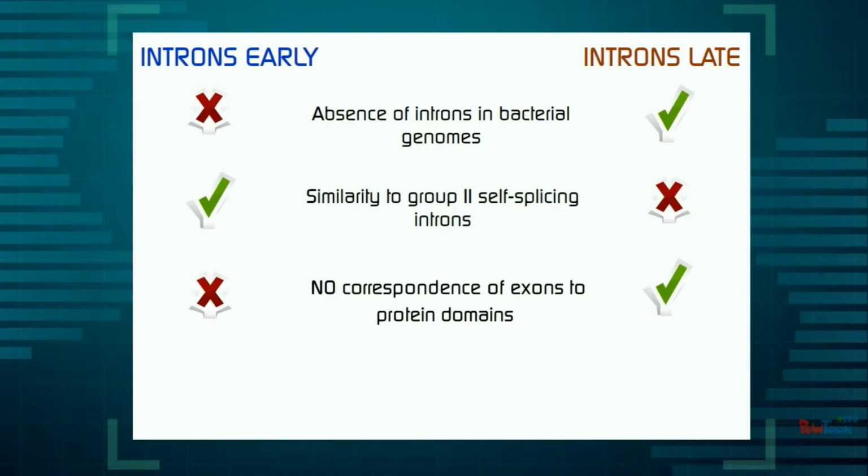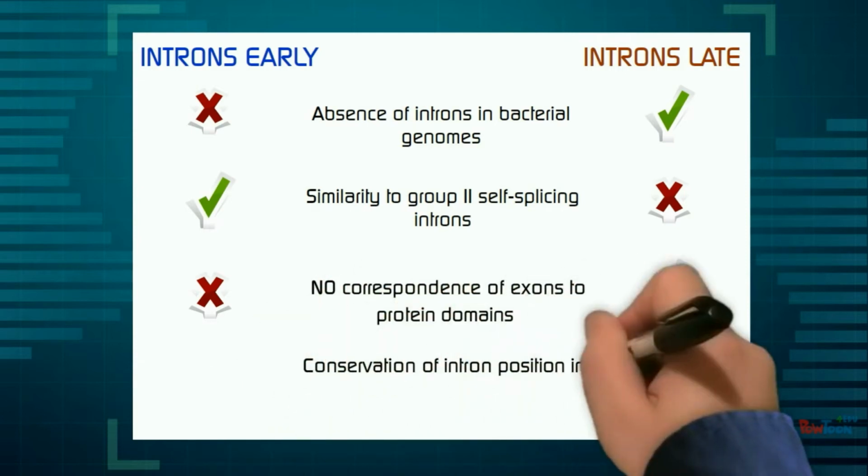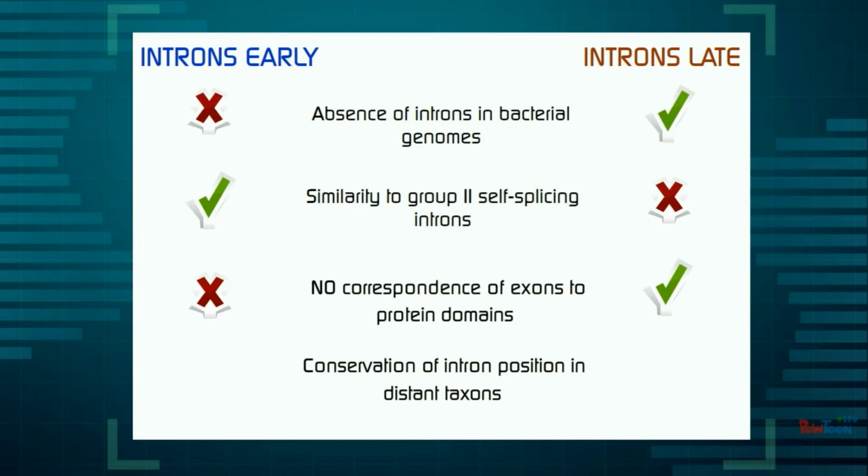But on the other hand, scientists have recently been able to analyze a wide variety of eukaryotic genomes, and these studies show that the first eukaryotic ancestors already had intron-rich genomes. And for many of those introns, the location of the intron in the genome has been conserved during evolution. In fact, since the appearance of multicellular animals, the birth of new introns has been rather the exception than the rule.